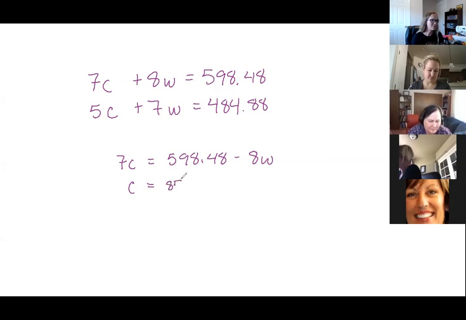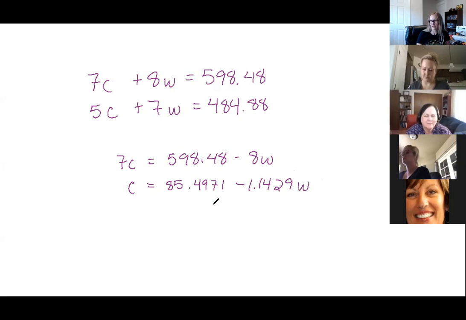I may have some rounding errors this way, but we should be kind of close. I'll keep a few decimal places. I'm probably going to use a decimal here as well, because I already have decimals in here. We'll go 9 there, and that's W. All right, so I've solved for C in my first equation. That means I want to plug this into my second equation here.